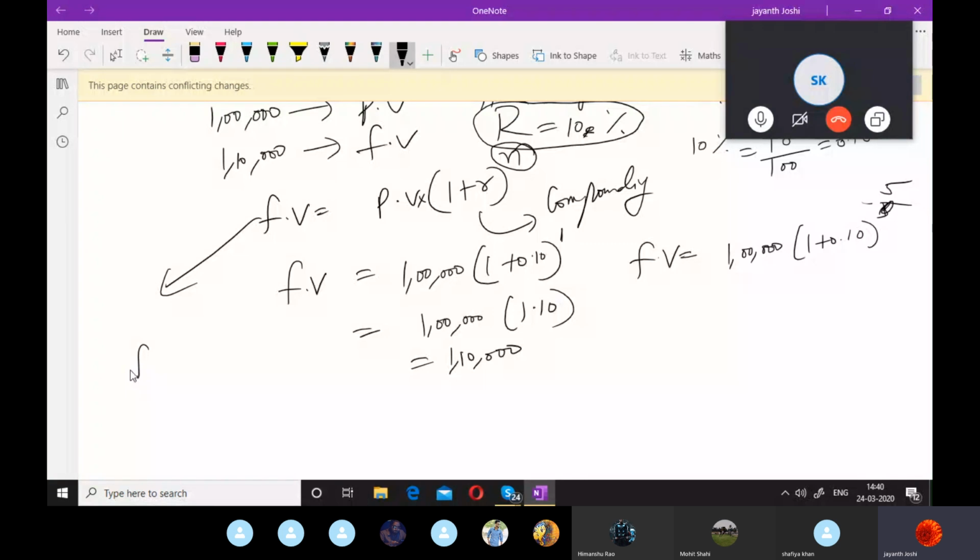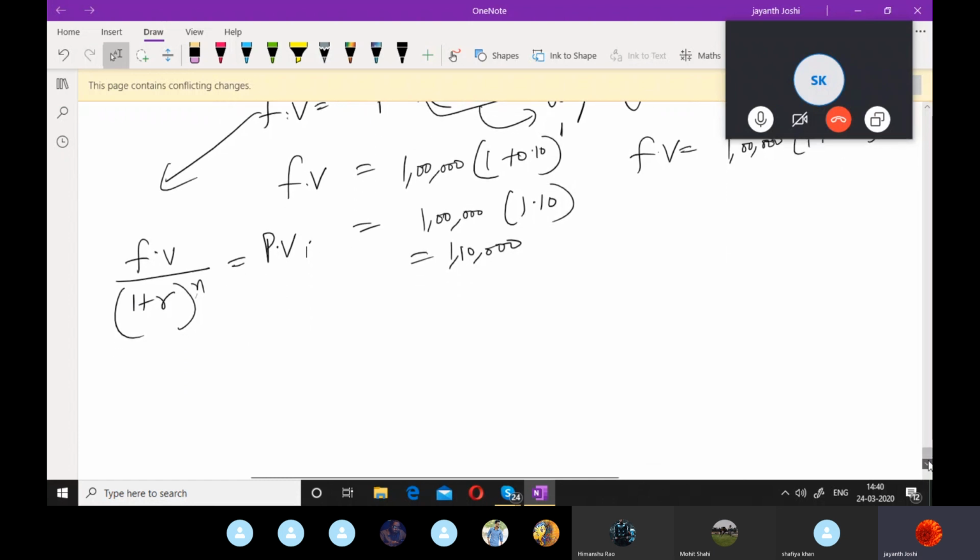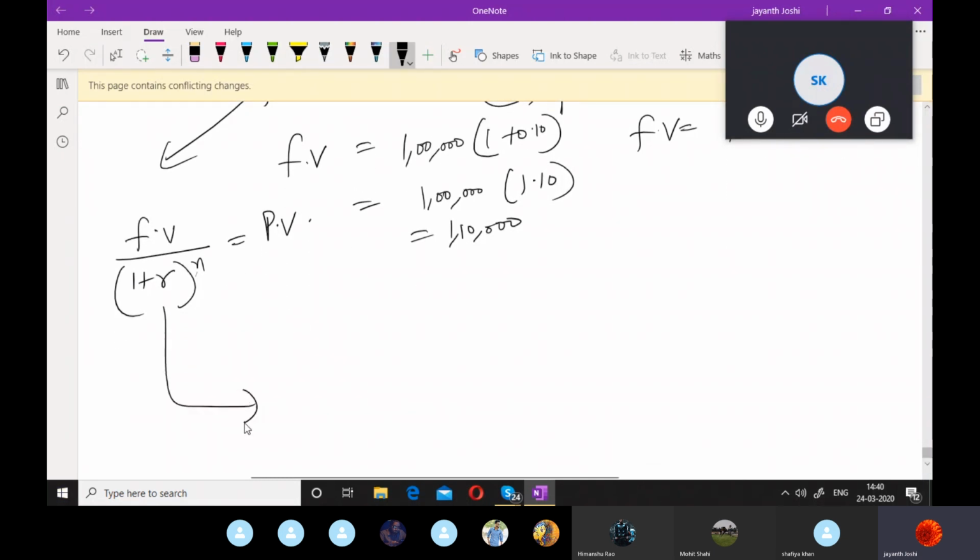Future value divided by 1 plus r whole power n, I'm just cross multiplying this, is equal to present value. Okay. So let me write this down neatly. Present value is equal to future value by 1 plus r whole power n.